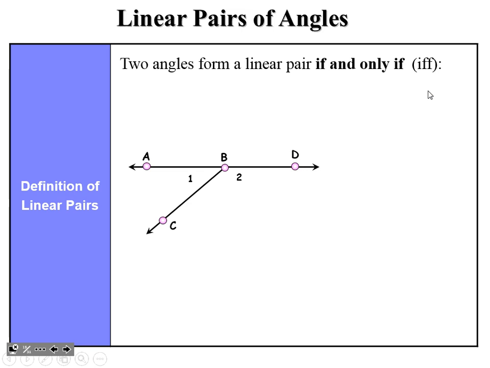So, looking at what a linear pair means: linear pairs of angles are two angles. It's when two angles form a linear pair, if and only if. You guys ever heard that term before?